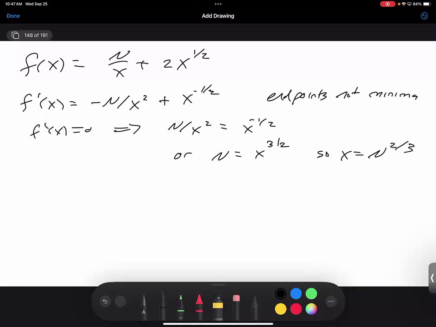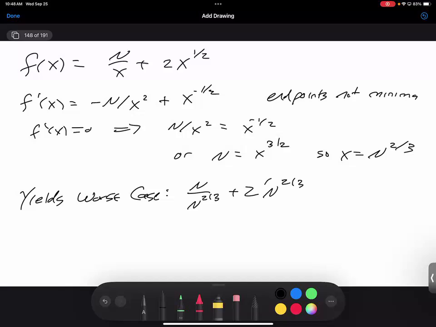So it's the same order of magnitude, but it's a different constant. So the worst case is going to be n over n to the 2/3 plus 2 times n to the 2/3 to the 1/2. Oh, this is looking a lot better.